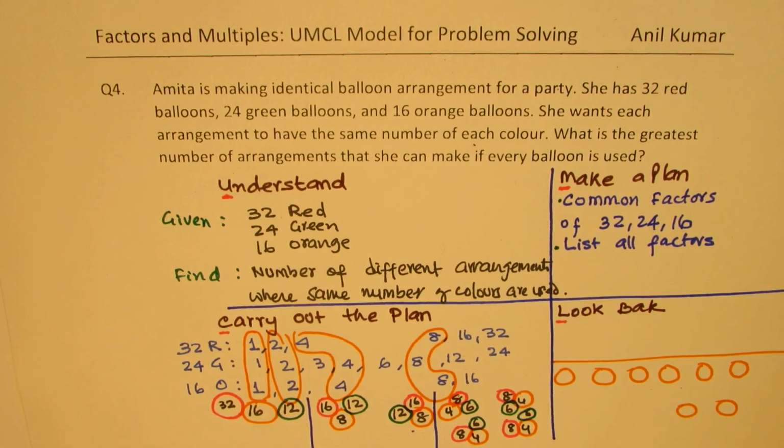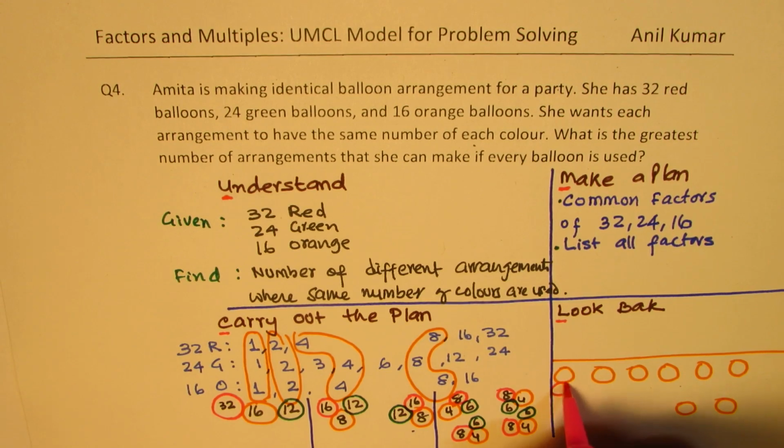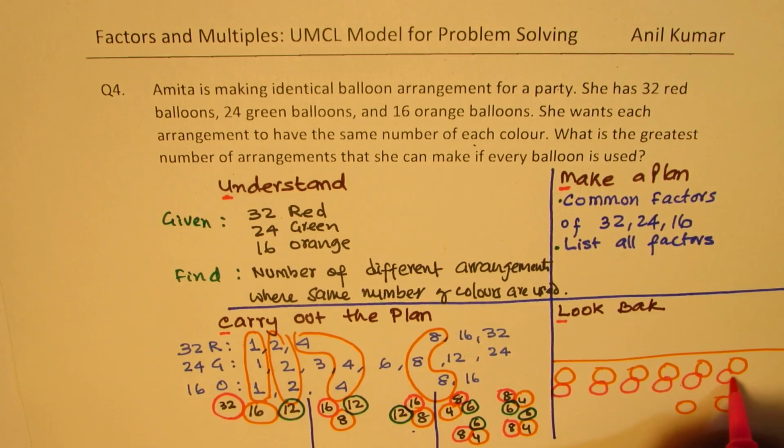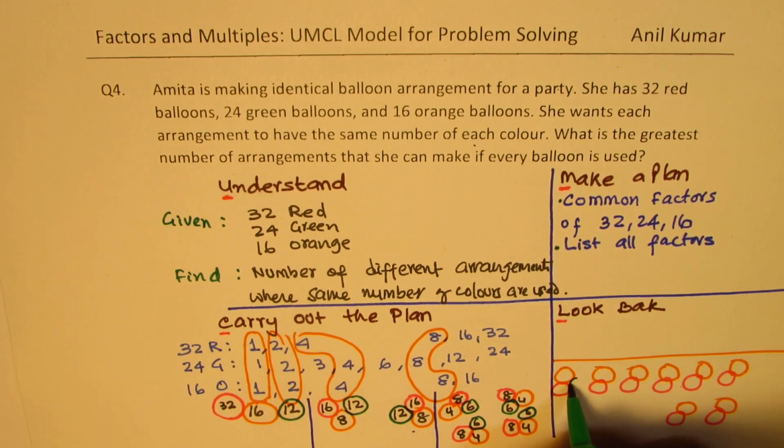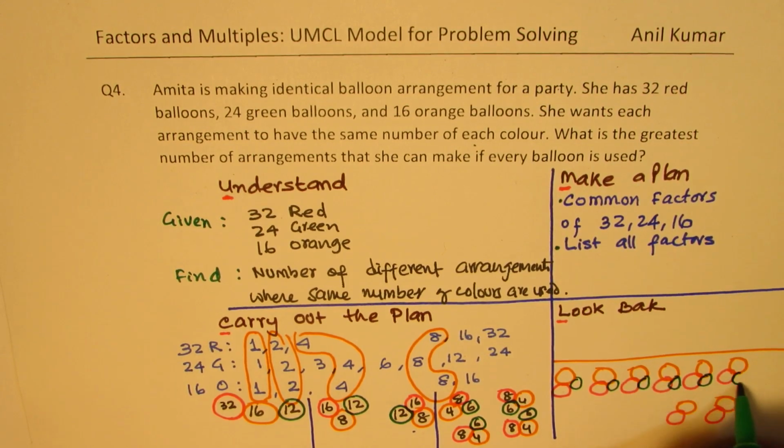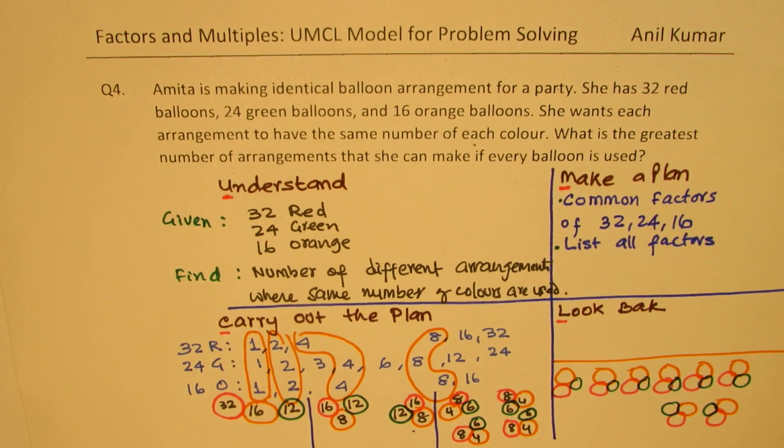So in each arrangement, we want all the 3 things together. And the green ones, right? Do you see that? Now when you are having 8 different arrangements, the quantity will be distributed. We have to divide by 8 each, right?